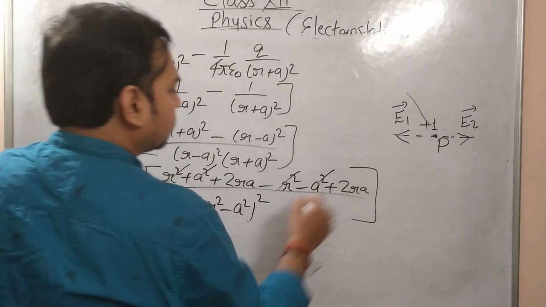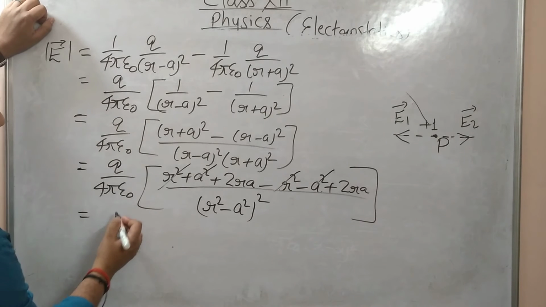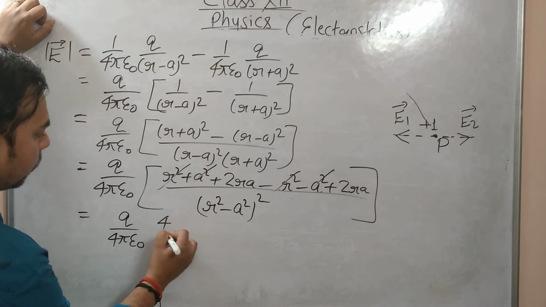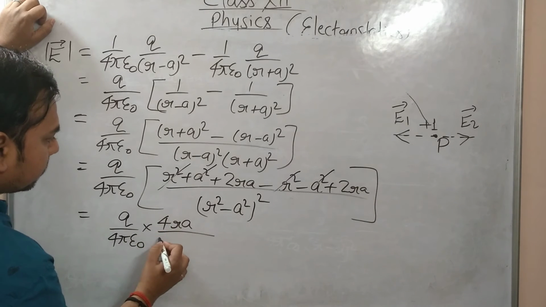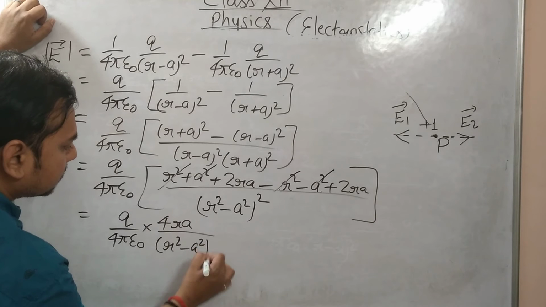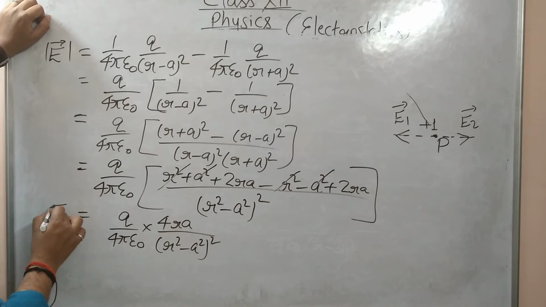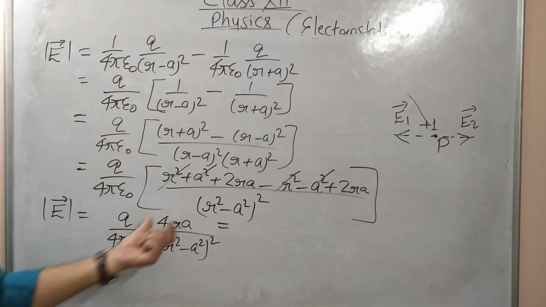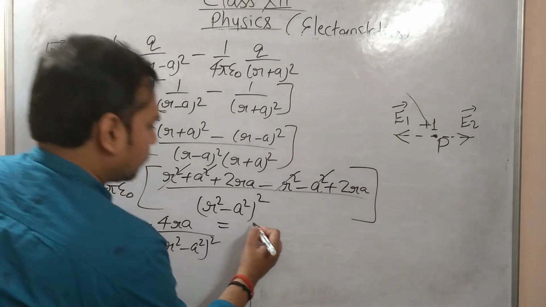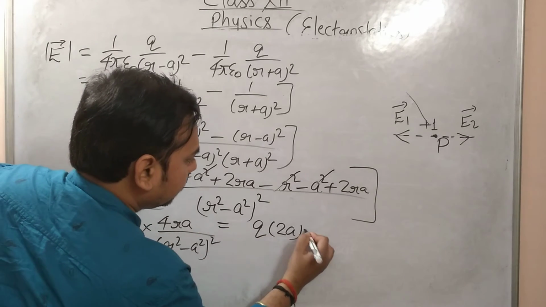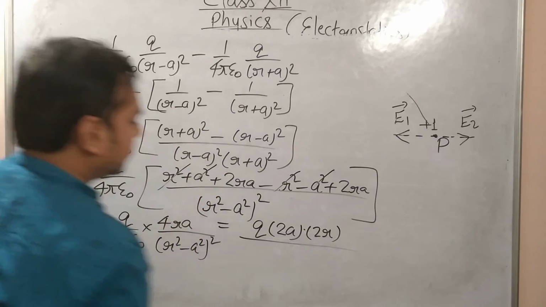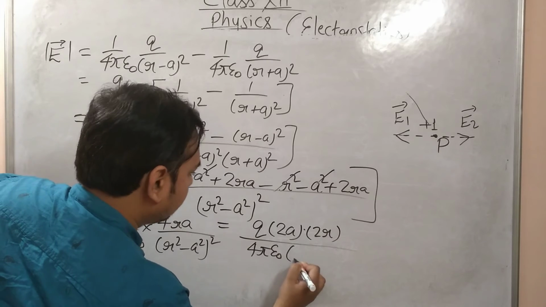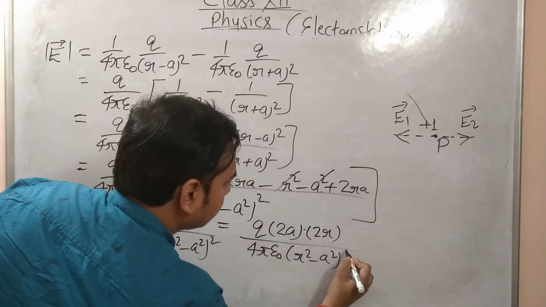These two terms will be cancelled out and we will get q by 4 pi epsilon naught, 4Ra divided by R square minus a square whole square. Now by rearranging the numerator term, q into 2a into 2R, and the denominator is 4 pi epsilon naught, R square minus a square whole square.